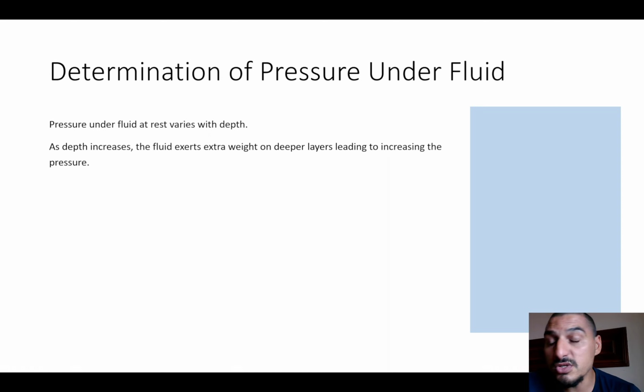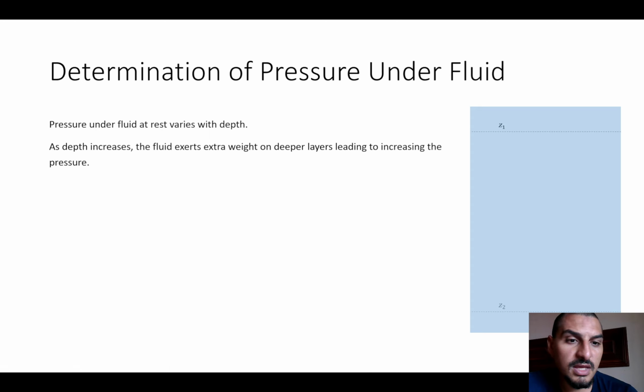And to get an equation that can describe this pressure variation with depth, we will do what we agreed on before: we are going to take an element and do the derivation on it.